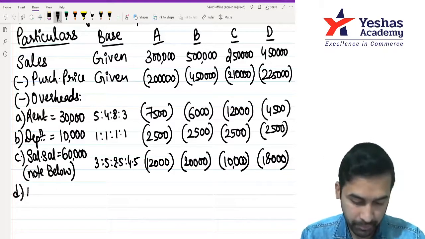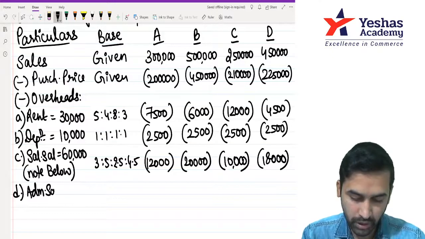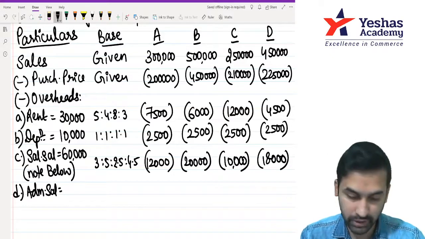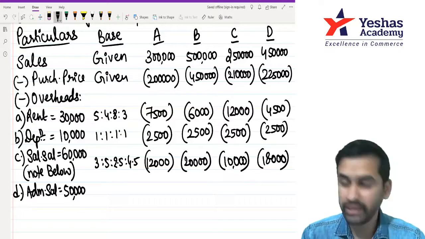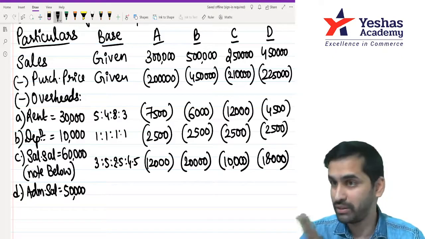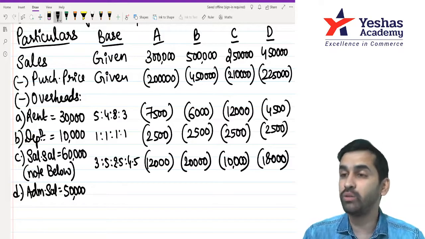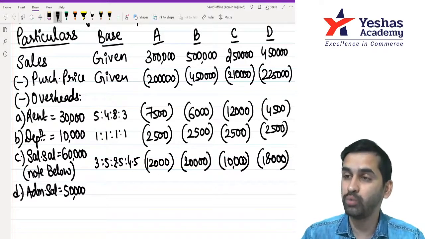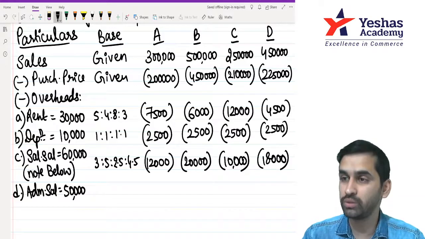Admin salary. Admin salary is 50,000. And they're saying number of invoice ratio. Go to the first table, the last item in the first table I'm reading. Number of invoices sent is 80,000, 140,000, 60,000, 120.